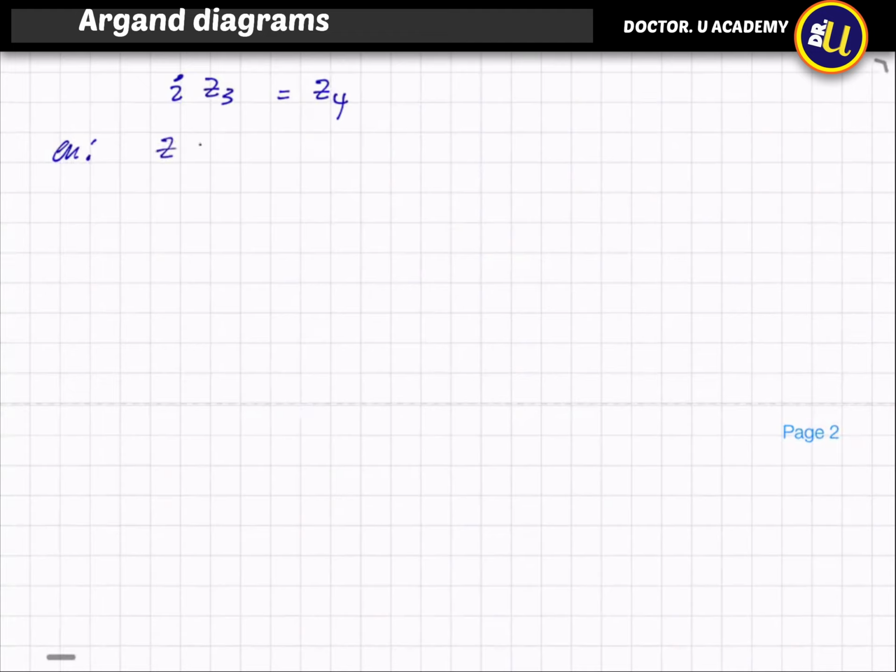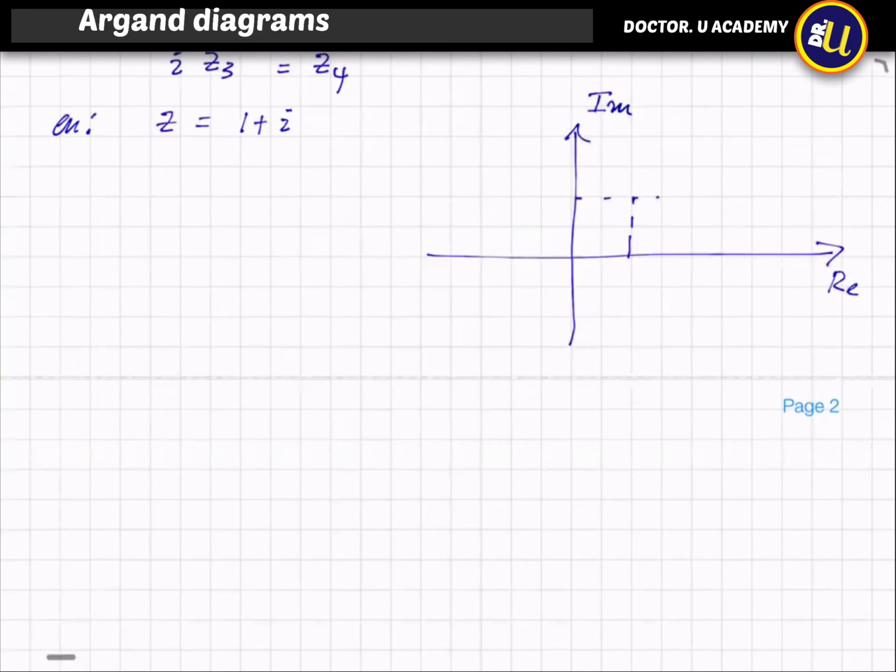Now we will elaborate that example. Suppose you have z, which is 1 plus i. I'm going to draw that. This is our real axis and this is our imaginary axis. 1 and 1 would be somewhere here. This is your z.